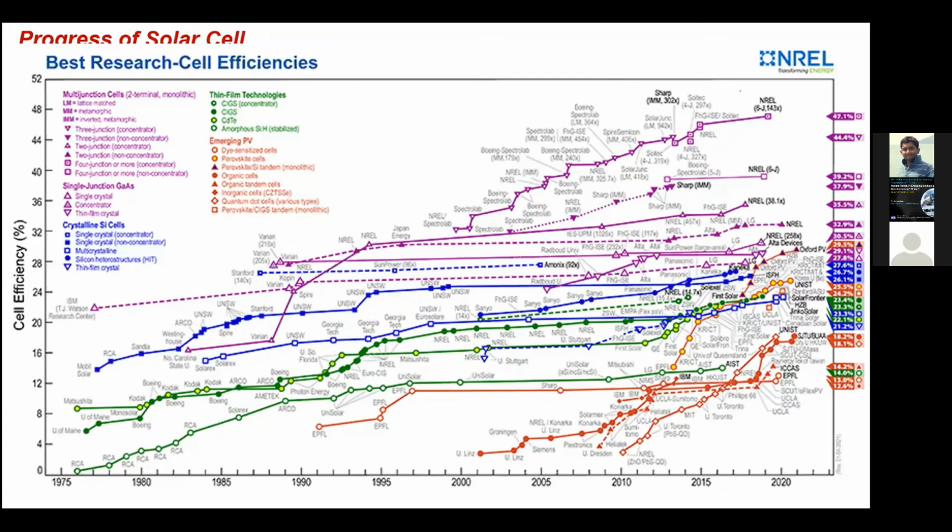So this is the efficiency chart of the whole photovoltaic cells in the world. This chart was made by the National Renewable Energy Laboratory in the US. The theoretical limit is 47%, but experimentally these are up to the silicon-based solar cells.